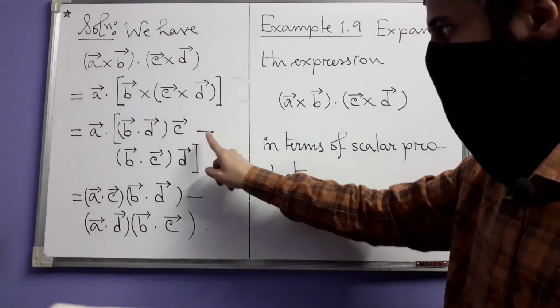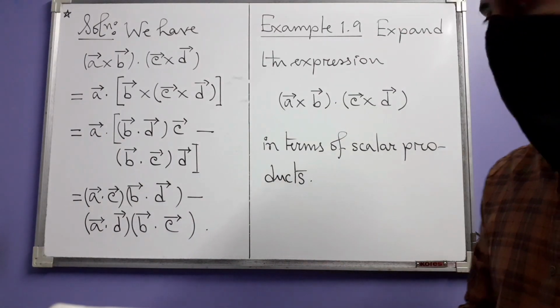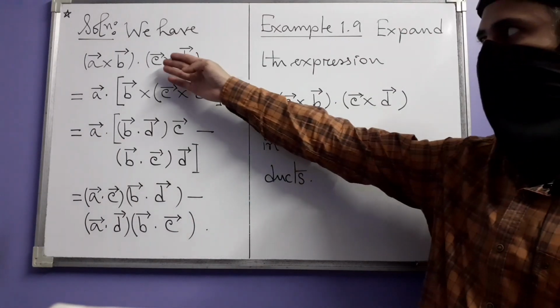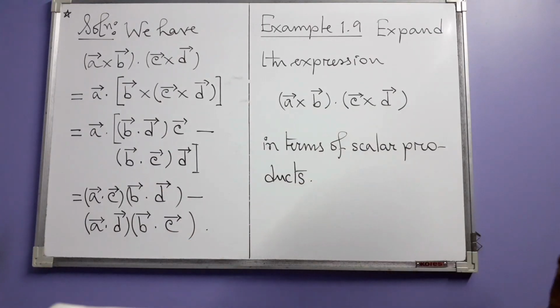Just like that, minus A dot D times B dot C. So this is how we have expanded this in terms of only scalar products.